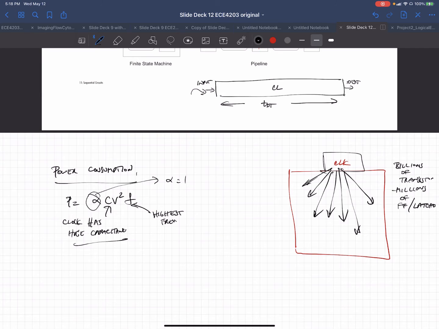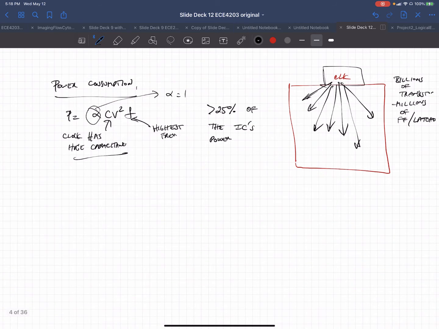So if you look at the clock in your circuit, it might take up 25% or more of the IC's power. It's a typical number, but it's not unusual. Okay, so that's one thing: the amount of power consumption that the clock circuit will take.